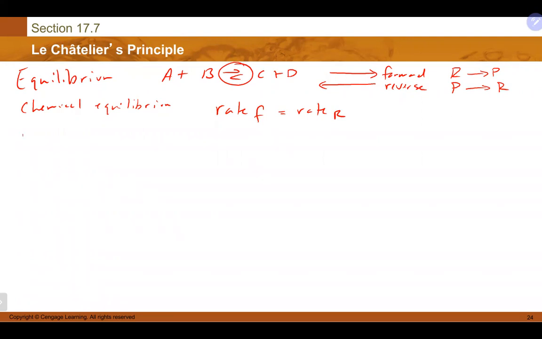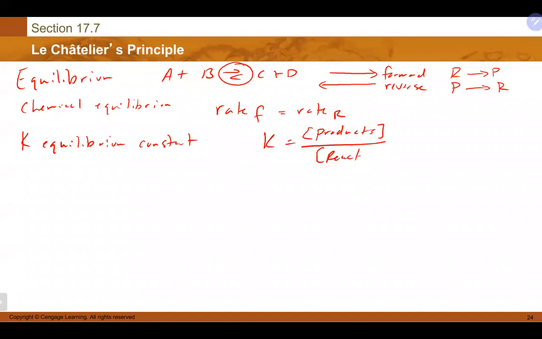There is a relationship known as the equilibrium constant, which is capital K. And K is calculated by taking the concentration of our products divided by the concentration of our reactants. Remember that concentration, for the most part, means molarity, which is moles per liter.